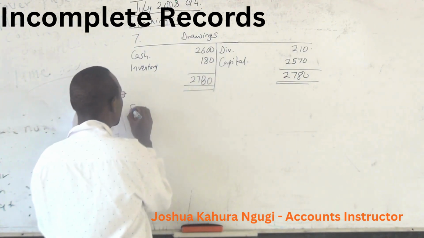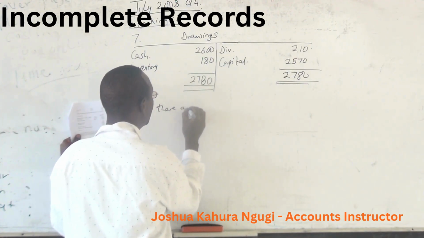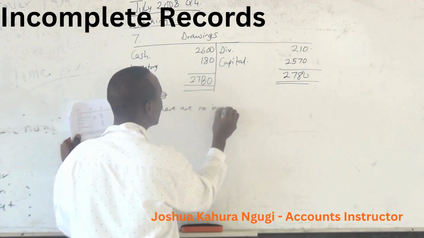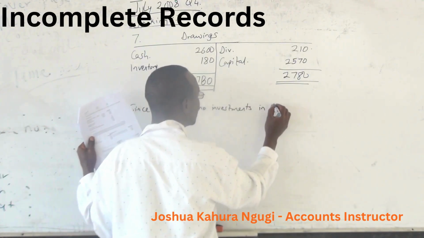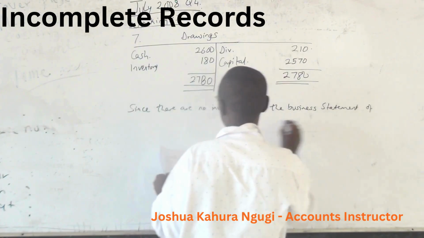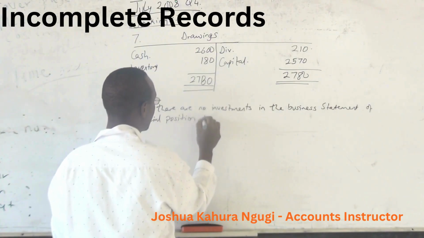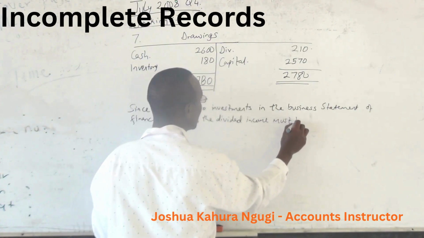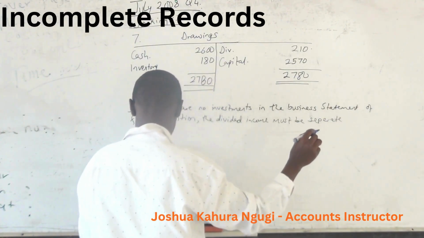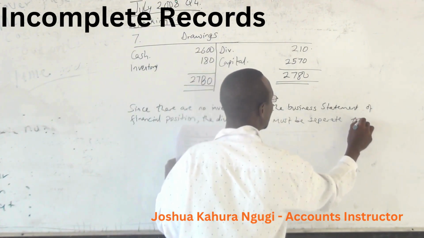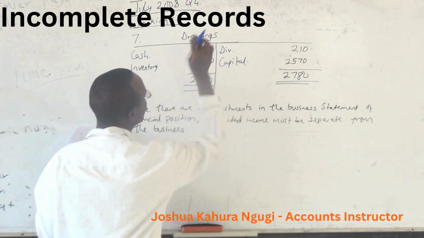So we can also indicate here, since there are no investments in the business, in the statement of financial position, the dividend income must be separate from the business. That is how I put it here. Okay?